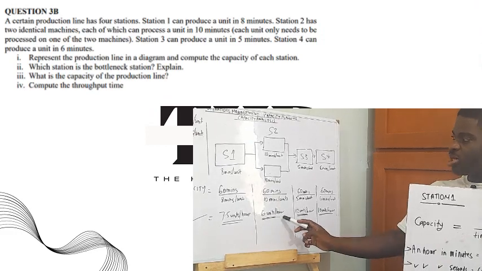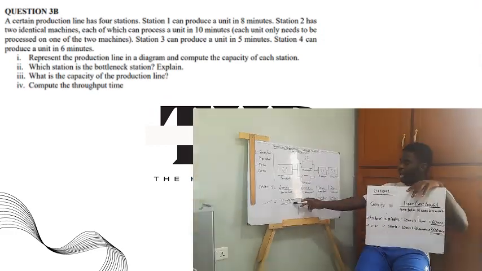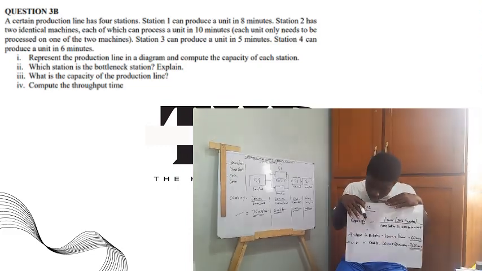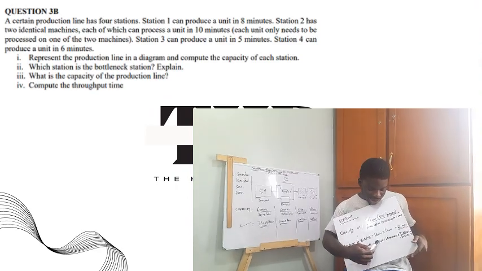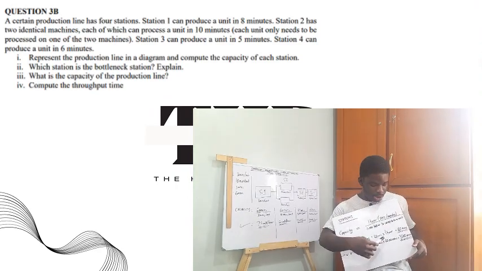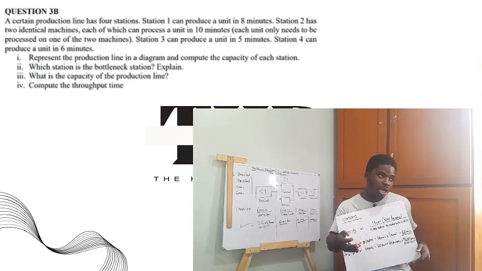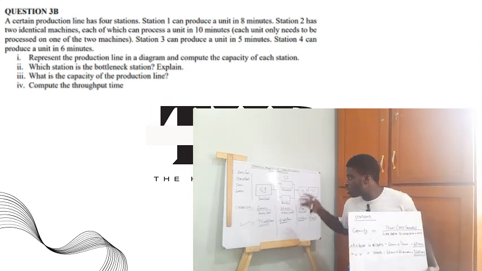These are their respective capacities, and bear in mind, this is per hour. If your question was in seconds, it would be 60 seconds times 60 minutes, because 60 minutes make up 1 hour, which gives you 3600 seconds. And this one is in minutes.